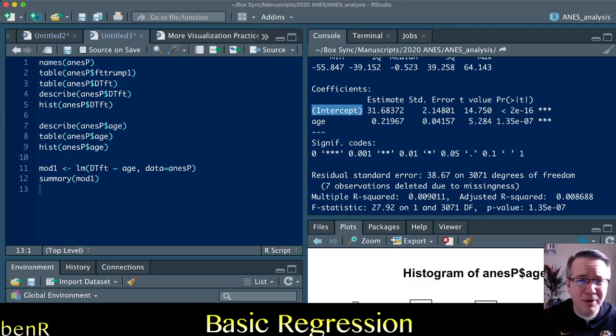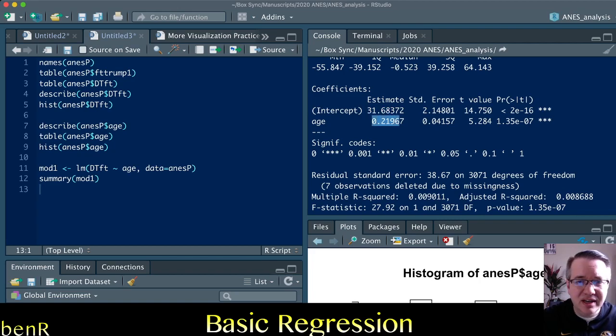Nor is it a coherent age for the question we're asking, because somebody who's actually 0 doesn't have the language to express their evaluation of Donald Trump, nor do they have the cognitive function to form an evaluation of Donald Trump. So this value, 31.7, it doesn't mean babies would give Donald Trump on average a 31.7. It just means that for mathematical purposes, when age is 0, this is what the regression line would predict.